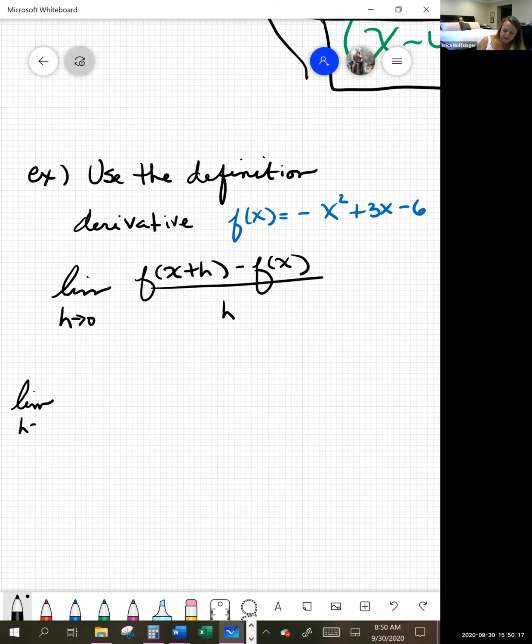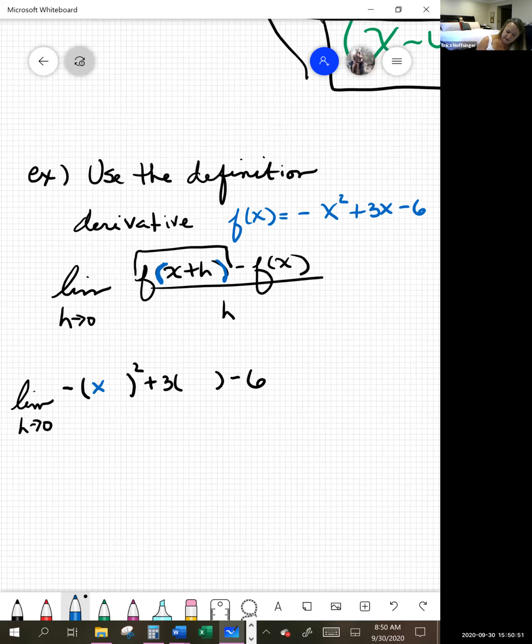You can do it in pieces if you want, but the first thing that we're looking at is this f of x plus h. We're going to plug in x plus h, this whole thing, wherever we see an x in here. So we have minus, you see an x, so we put parentheses, we square that, plus 3, you see an x, put parentheses, minus 6.